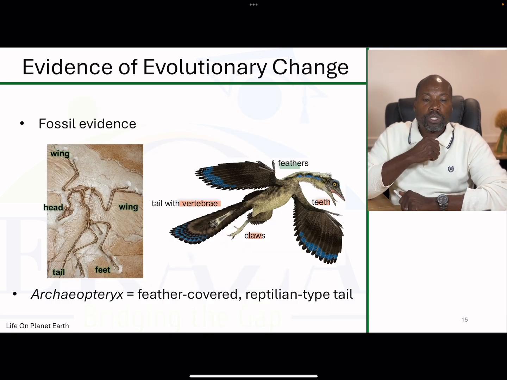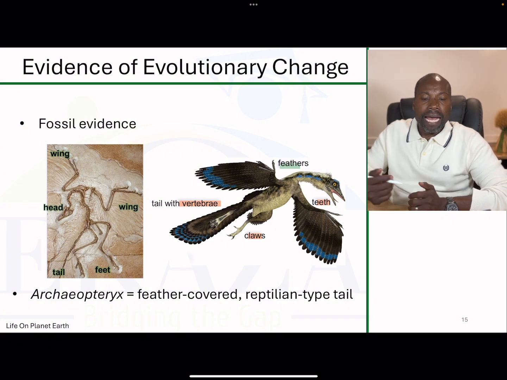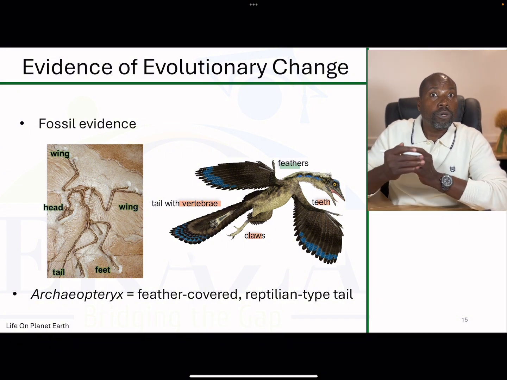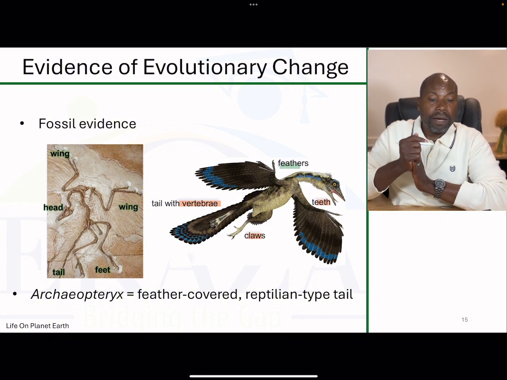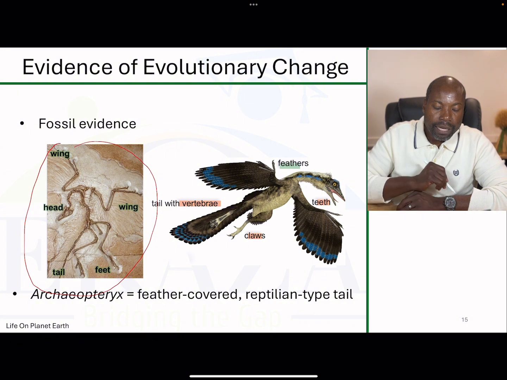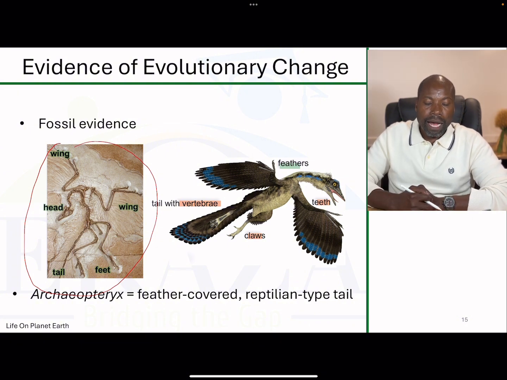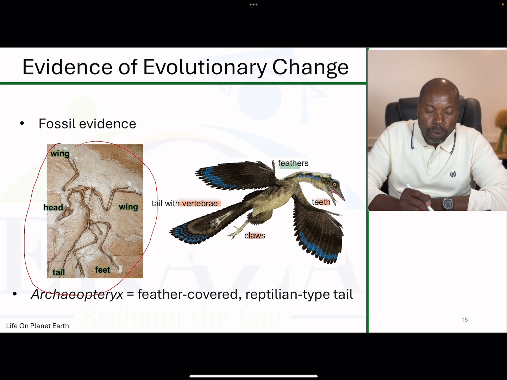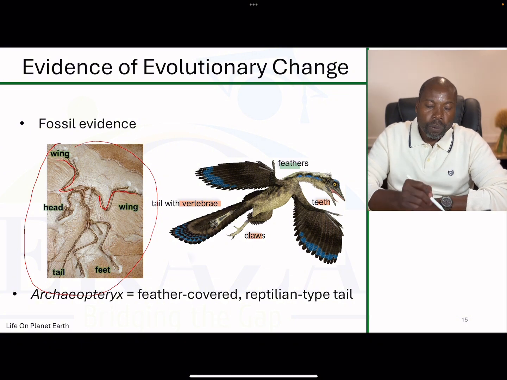All right, so more evidence about evolutionary changes. Now, about fossil evidence, here we do have a fossil, right? That fossil is that of Archaeopteryx. If we look carefully, we can see what were the wings here. We can see what looked like the feathers, right?